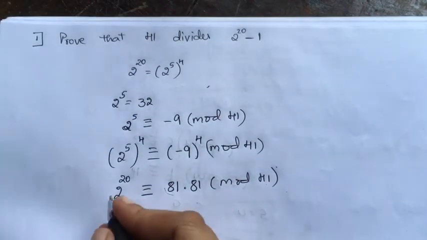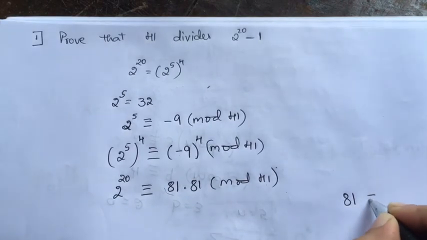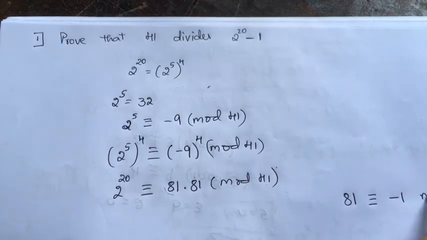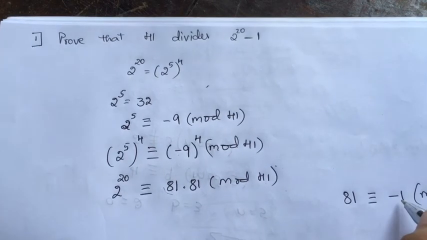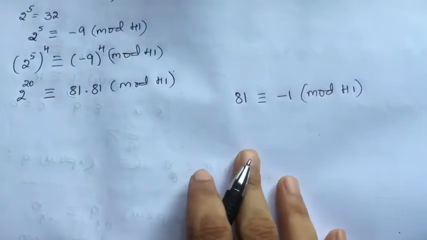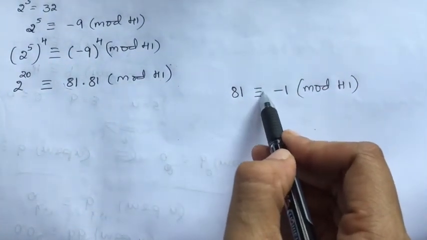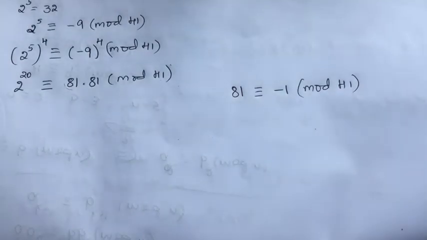This 81 is congruent to minus 1 modulo 41, right? When I take it over here, it becomes 82. 41 into 2 gives me 82, right? So this 81 is congruent to minus 1 mod 41.